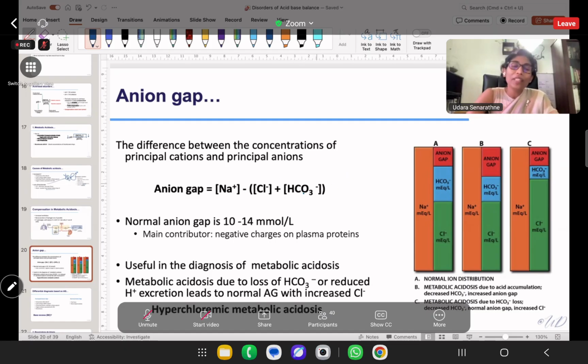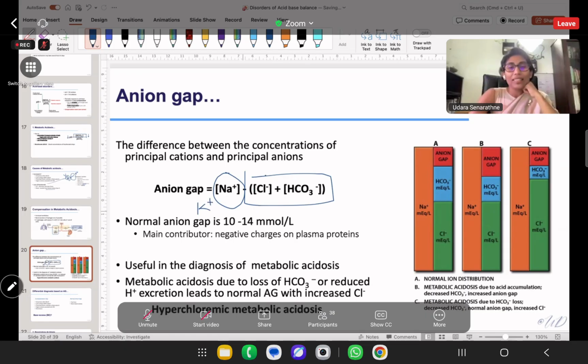So if your system is producing more acids, you will end up having organic acids. These organic acids are going to produce certain anionic groups that are not measured. The usually measured anions include chloride and bicarbonate, and the main cation is sodium. You also have potassium, I know, but its concentration is so low compared to sodium that you can disregard it here.